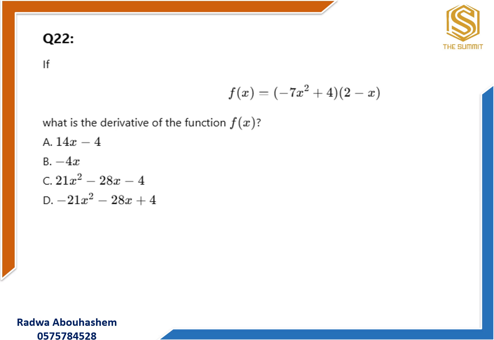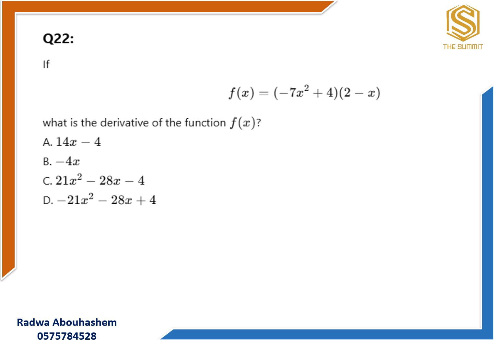What is the derivative of the function of x? Negative 7x power 2 plus 4 multiplied by 2 minus x. Of course, I could use the product rule, or I just distribute over the brackets and then take the derivative. So I will just distribute over the brackets. No need to use the product rule.